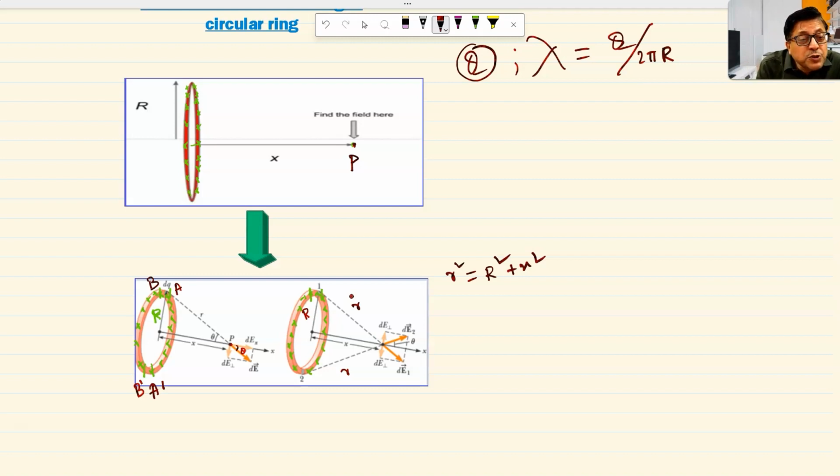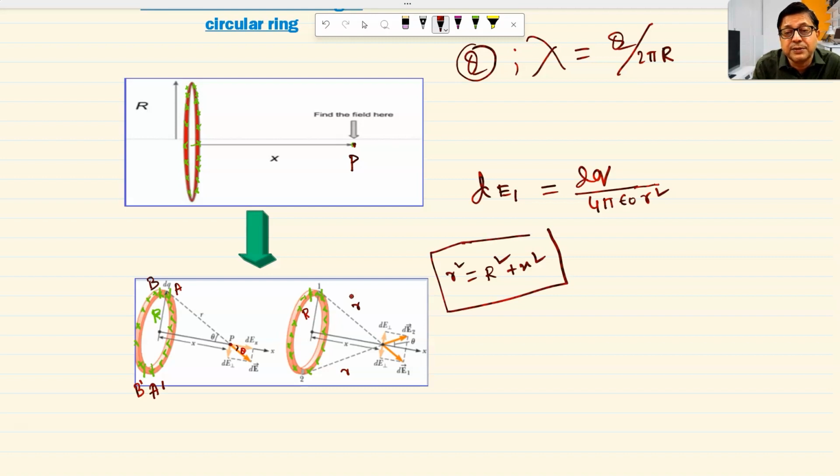So for this portion, we write the strength of electric field at P due to this elemental portion as dE1, then its value is given by dq by 4 pi epsilon 0 r square, where r square is given by this relation: r square is r square plus x square.